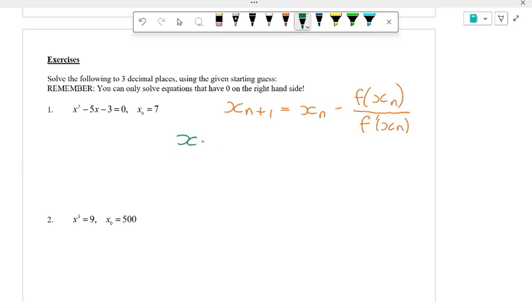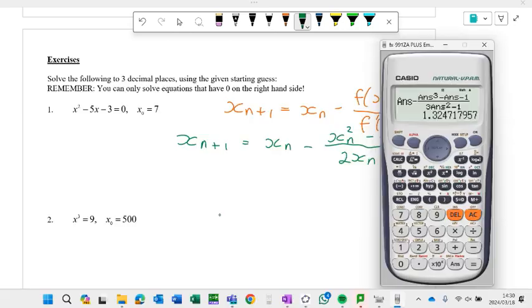So it's going to be xn plus 1 equals xn minus, now I'm going to put xn's in where all the x's are in my original function. This is just a quadratic equation, this one. And you wouldn't use the Newton-Raphson method for this, but 2xn minus 5. So this here is the specific one that's going to work for this, okay?